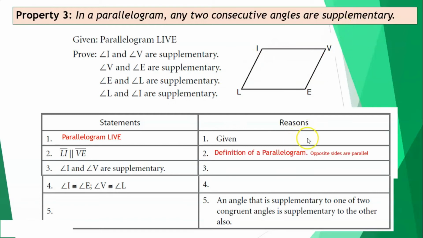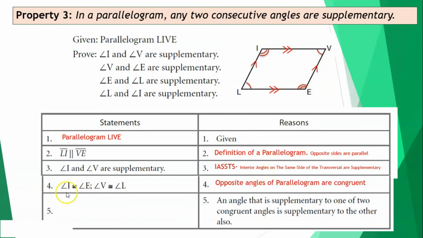So that's the definition of parallelograms: opposite sides are parallel. So with that, we can say that these two here are parallel. So with this, I and V are supplementary angles based on IS, meaning interior angles on the same side of the transversal are supplementary angles. So that's why I and V are supplementary angles.